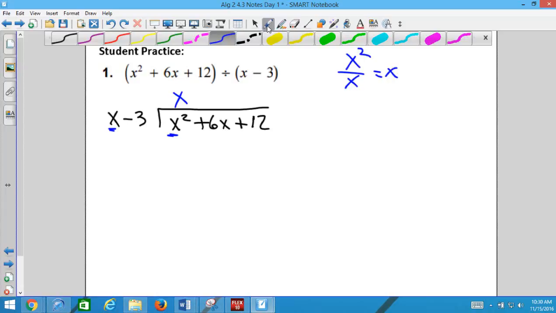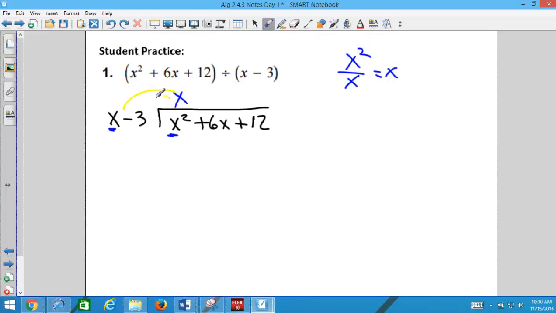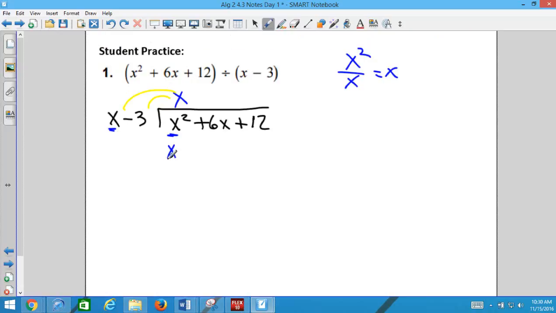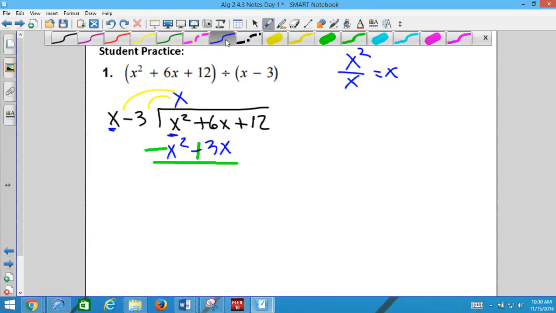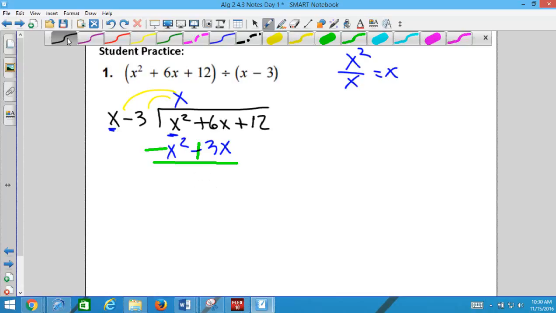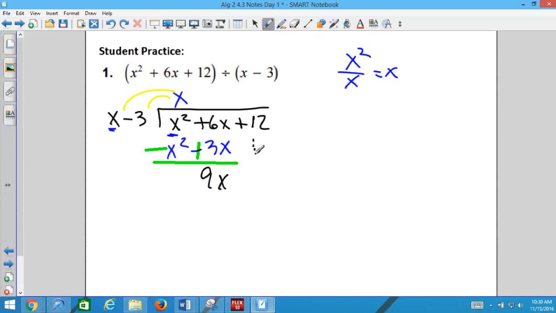Then we distribute. So I get x squared minus 3x. Then we draw the line, change the sign. And we get 9x. Then we bring it down, plus 12.